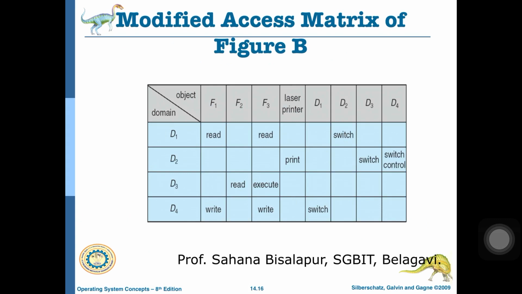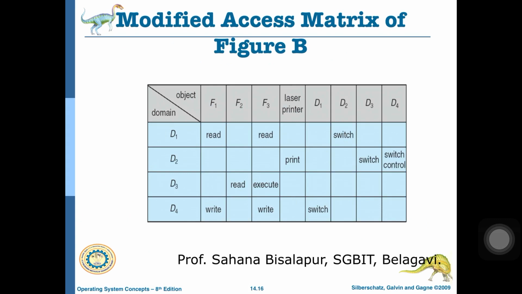The control right is applicable only to domain objects. If access ij includes the control right, then a process executing in domain di can remove any access right from row j. For example, consider the figure here. Suppose that we include the control right in access D2, D4.